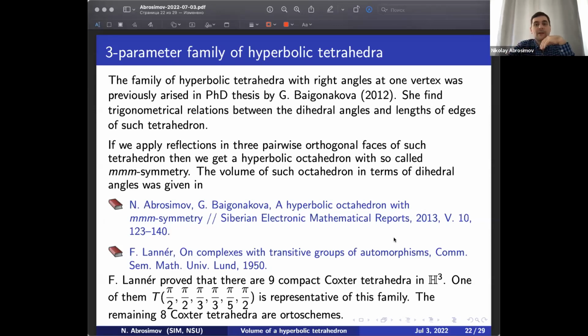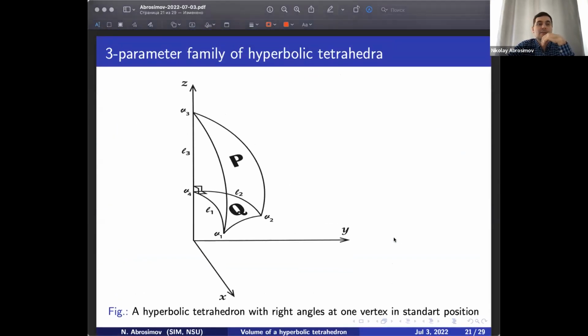Also, if we consider this picture, we can apply mirror reflections in three pairwise orthogonal faces of this tetrahedron. Then what we get is a hyperbolic octahedron with so-called MMM symmetry.